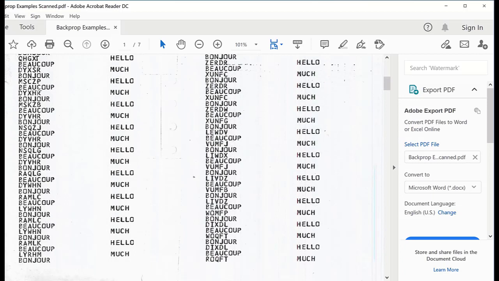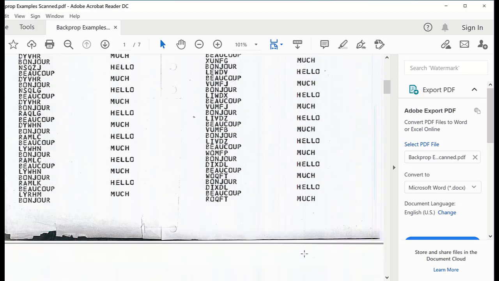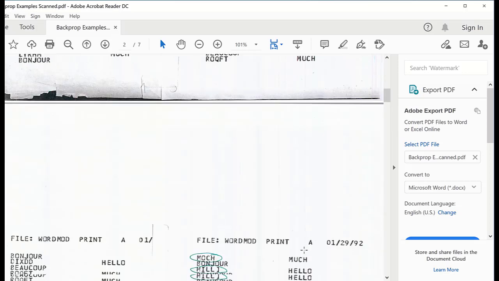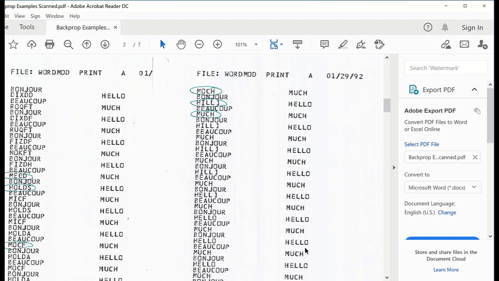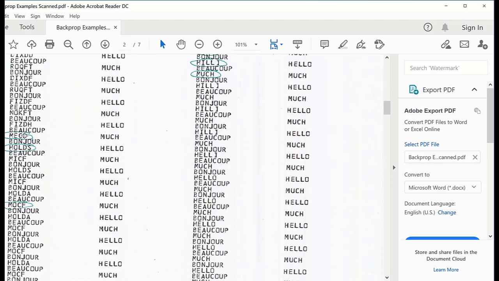Over here, after going all the way down this column and then going through here, we got bonjour, we get dixtal, starting to sound a little bit like a word. Nope, we wanted hello. Beaucoup, brokefoot. Nope, we wanted much. It's learning, but it's slow. Keep going. Notice here it's getting closer. Here, beaucoup gets mechta.